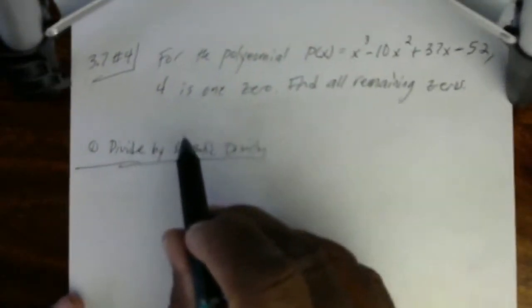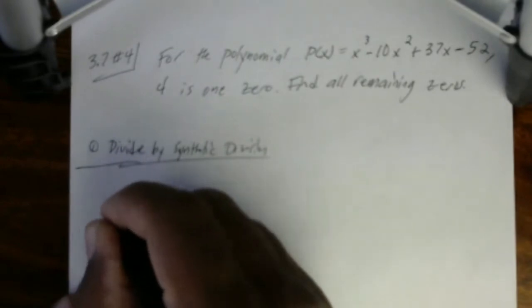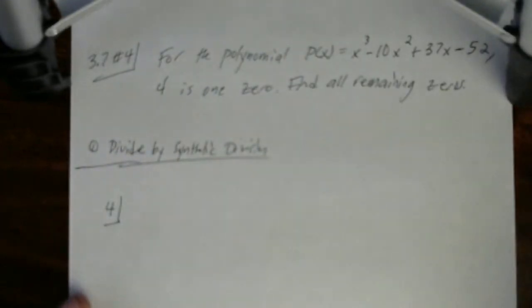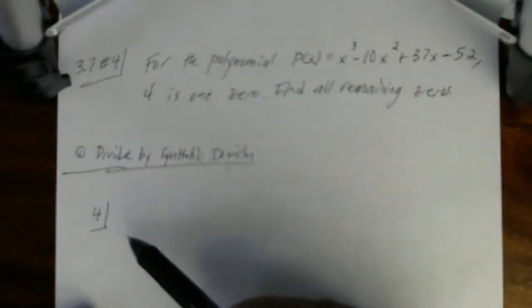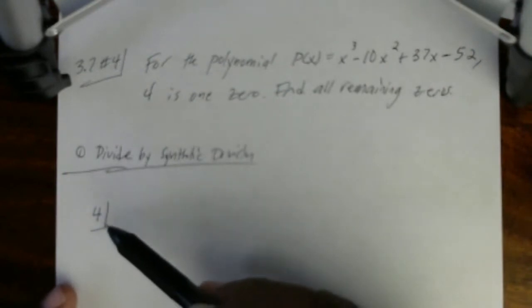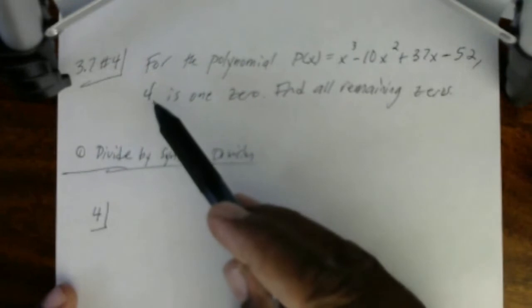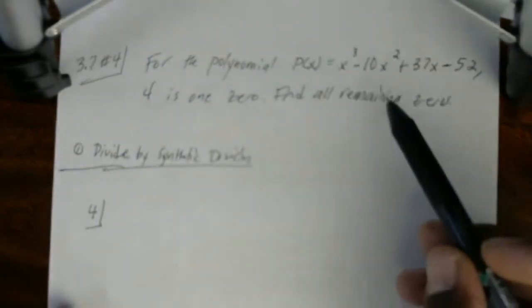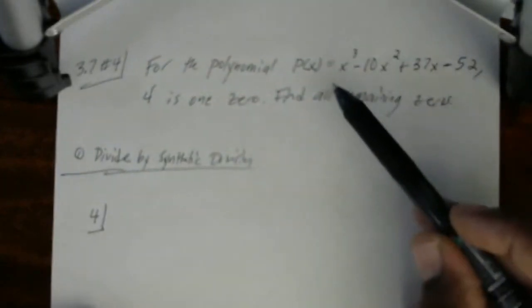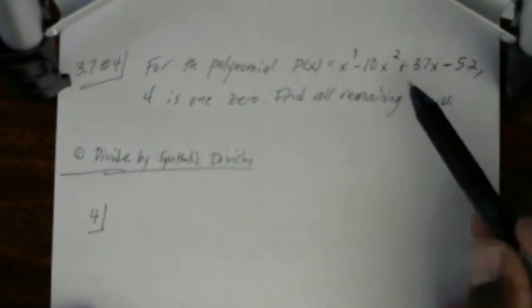All right. So 4 is our divisor. Right. Remember that for synthetic division, you must have a 0. In this case, they gave us the 0, which is 4. Our dividend, once again, has to be in descending order.